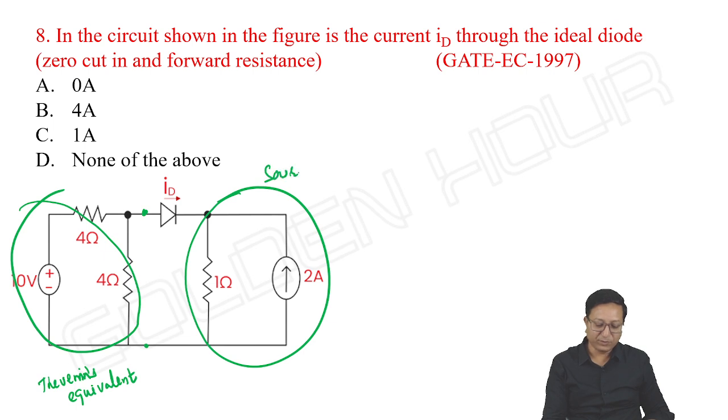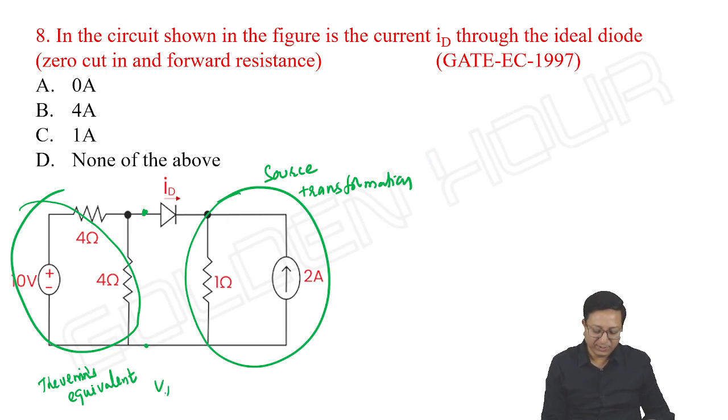Here I'm using source transformation. So what is its Thevenin's equivalent? Thevenin's equivalent voltage is 5 volts. Thevenin's equivalent resistance is 2 ohms. I need not write all those additional steps.